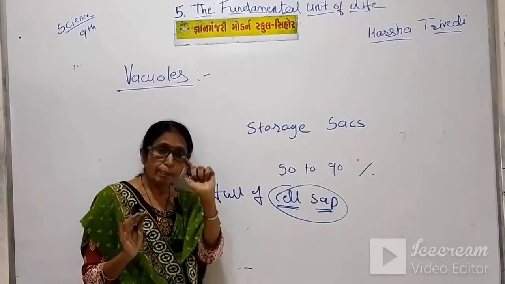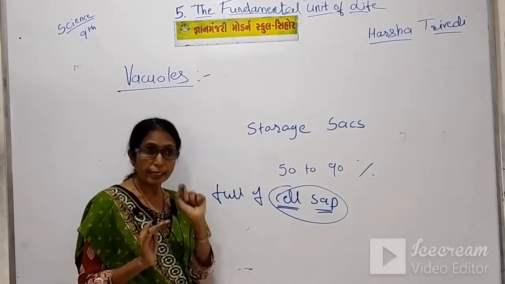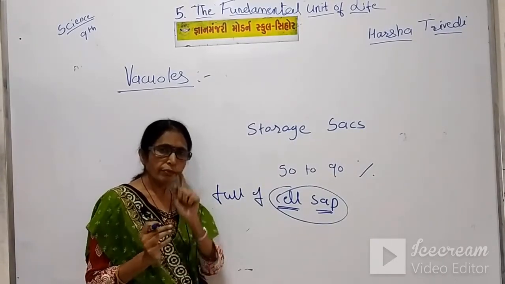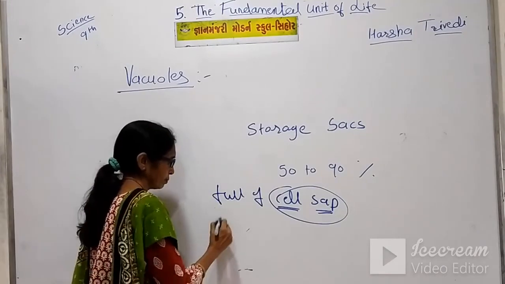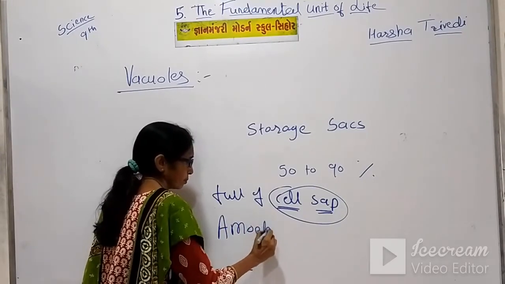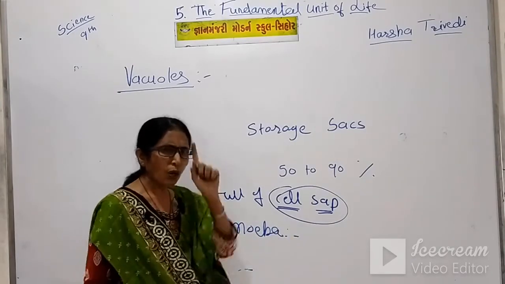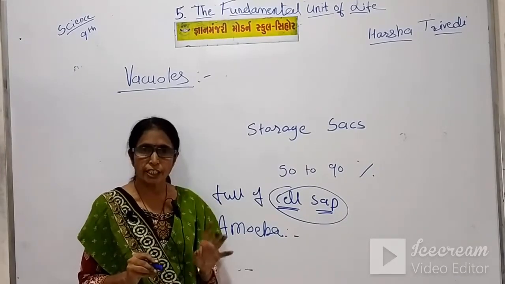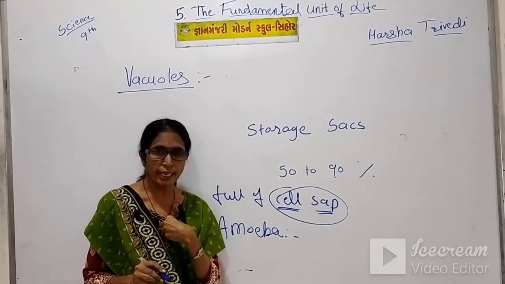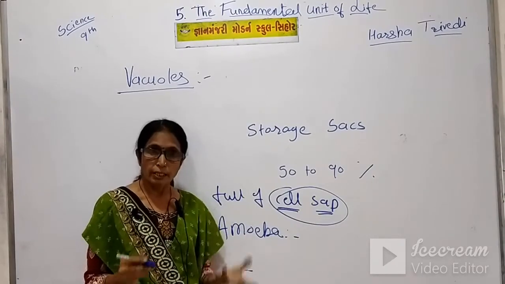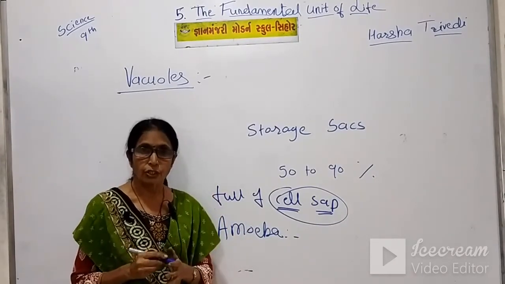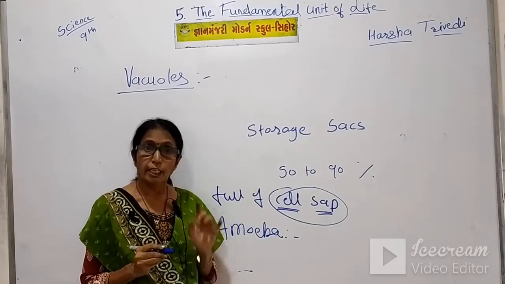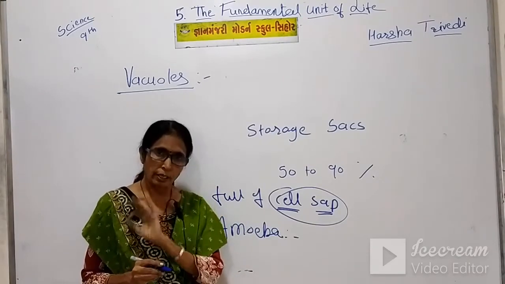But if the animal or plant cell is unicellular, in a microorganism, if there is only one cell like amoeba, all the activities are controlled by one cell. Means ingestion, taking the food inside, digestion, assimilation and egestion. All the things are done by only one cell in a unicellular organism.